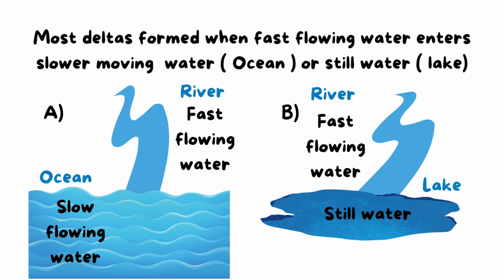So most deltas formed when fast flowing water, which is river, enters slower moving water such as the ocean, or still water. What's the meaning of still? Water that doesn't move. So still water such as what? A lake. We have two pictures here. As the river, which is fast flowing water, enters the ocean, which is slow flowing water, the sediment settles down and forms a delta.